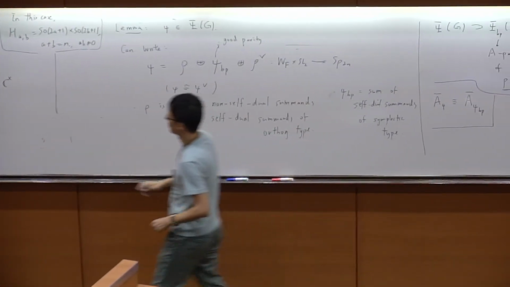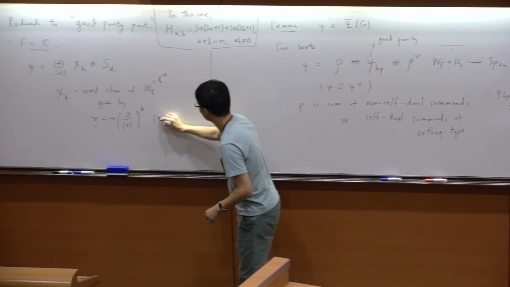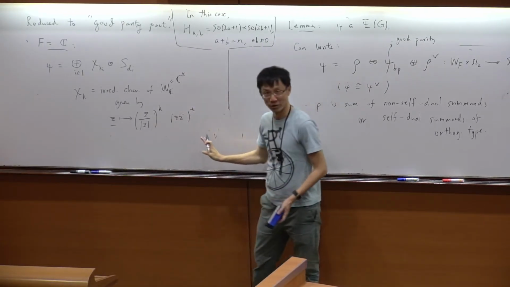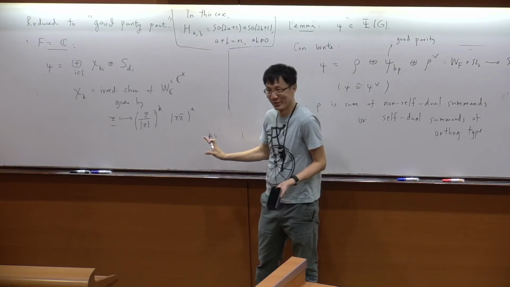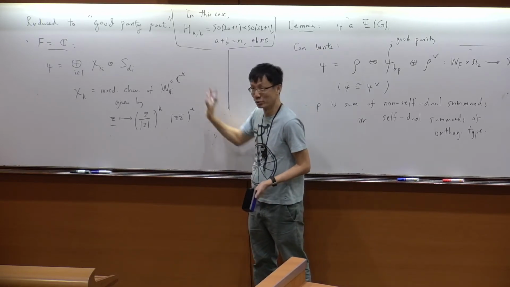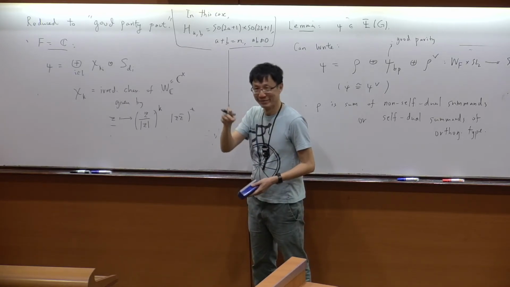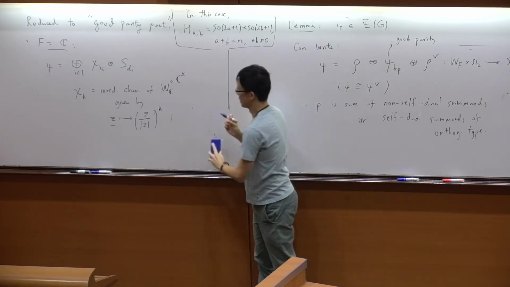Of course, you can also twist by z bar to some t. This is the general form of a one-dimensional representation of the Weil group of C. But because of the restriction that it has to have bounded image, I don't have this part in some sense.